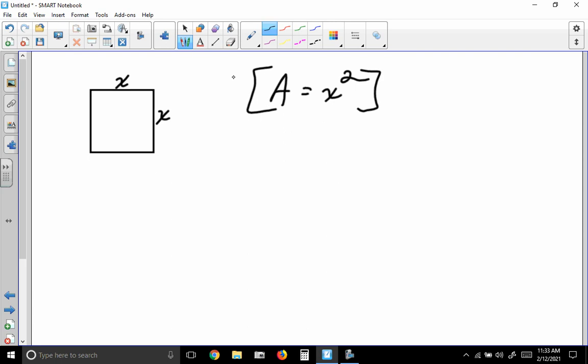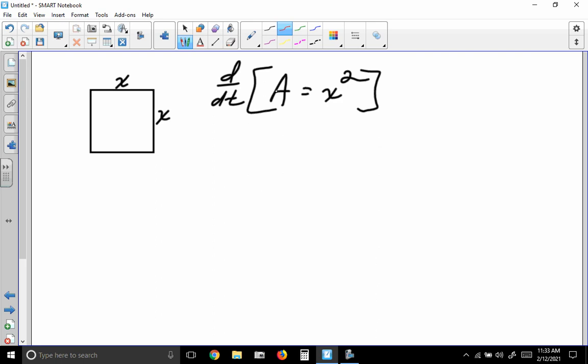So if we want to know how fast they're changing over time, we're going to differentiate with respect to time, not with respect to x, because we don't want to look specifically at if x changes this amount, how much does the area change? We want to know if my side is growing at a certain speed, how fast is the area growing with respect to time?